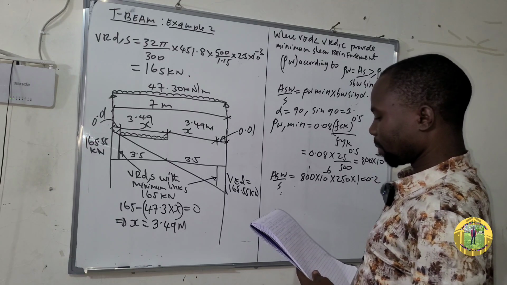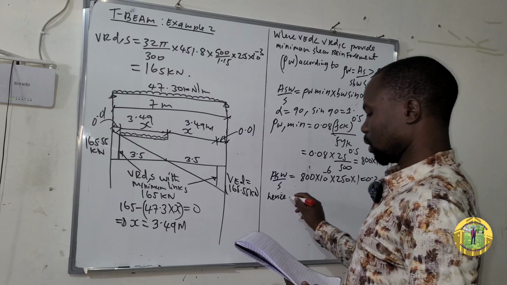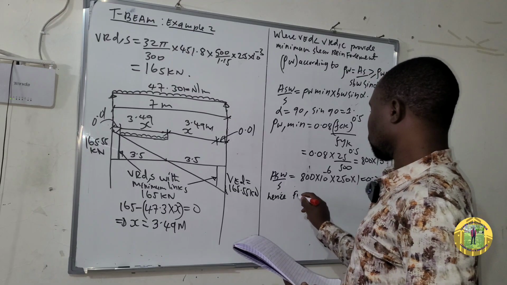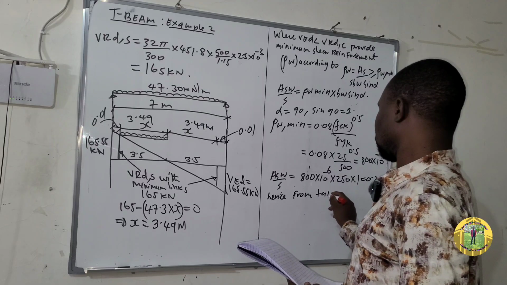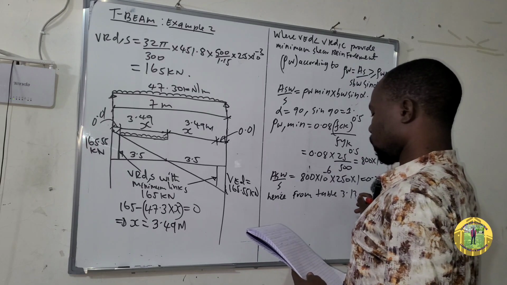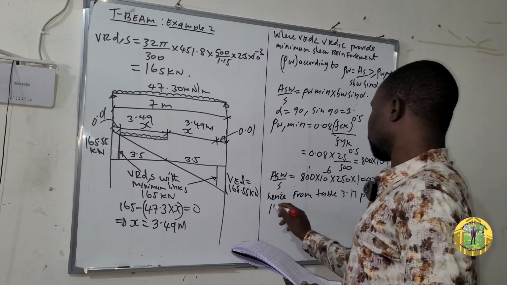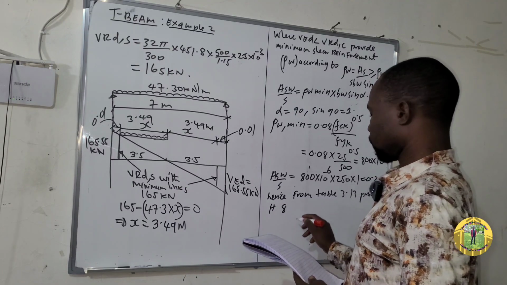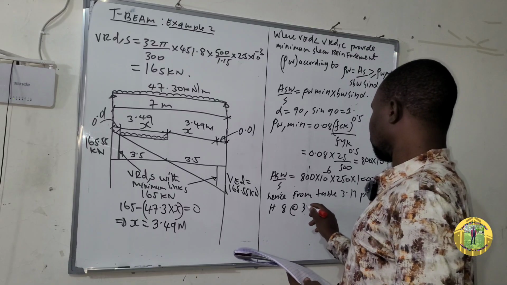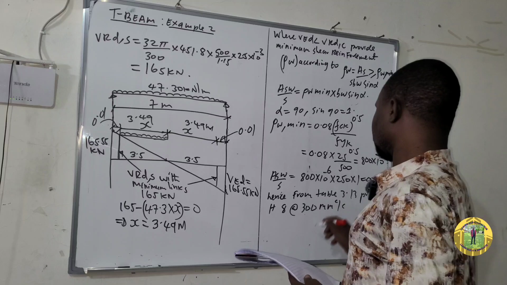Hence, from table (3.13), provide H8 at 300 millimeter center to center.